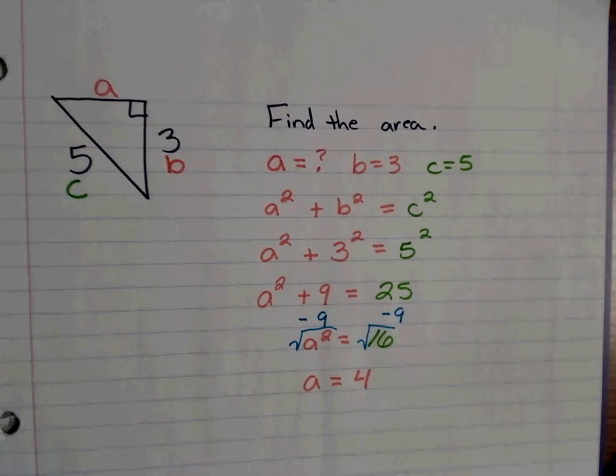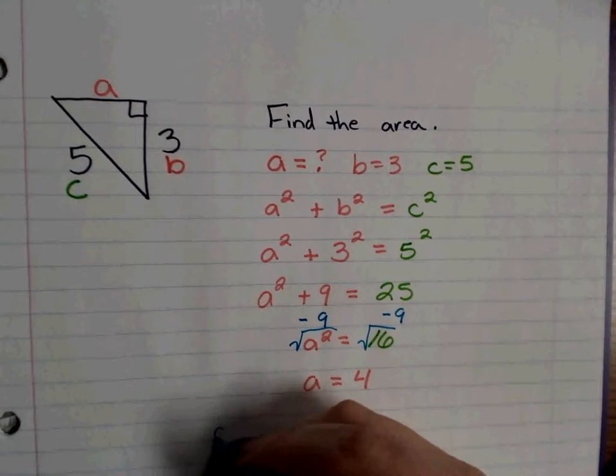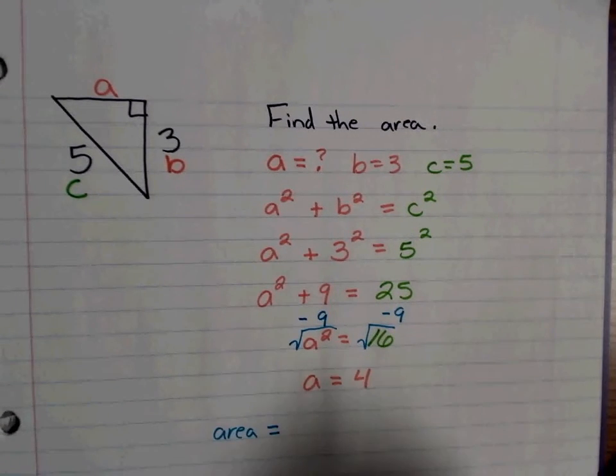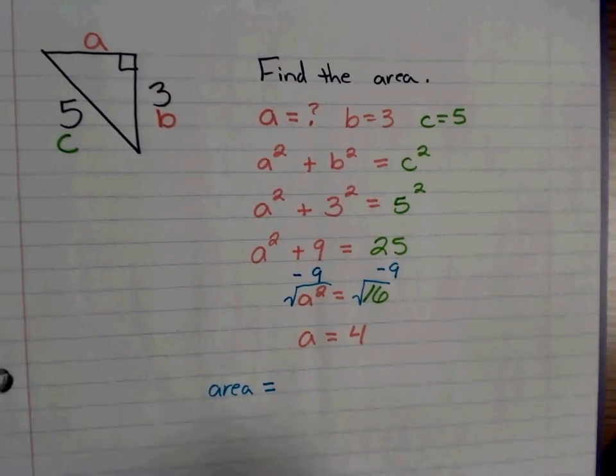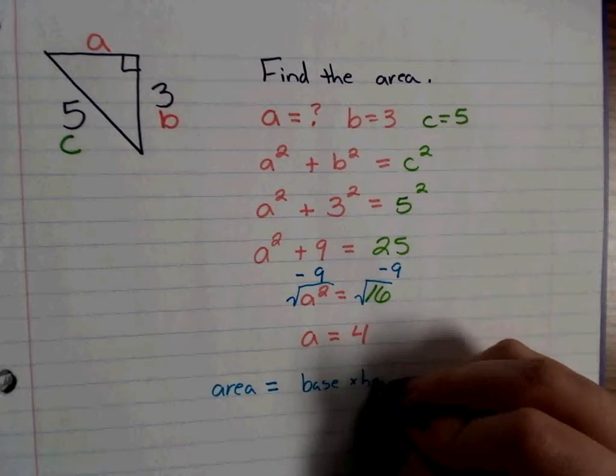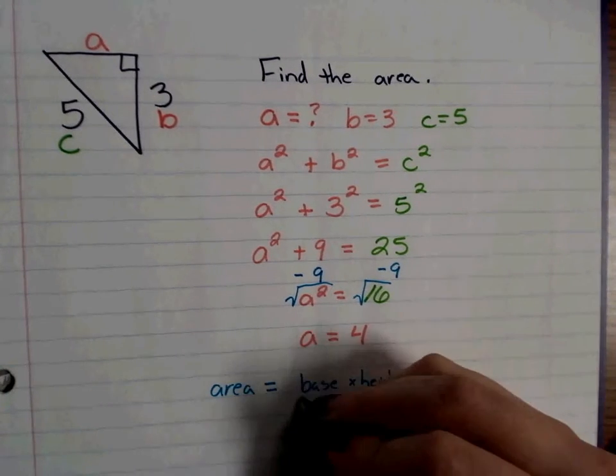Okay, now I asked for area, so now what are we going to do? 4 times 3 divided by 2. Good, because area is going to be your base measurement times your height measurement and dividing that by 2.